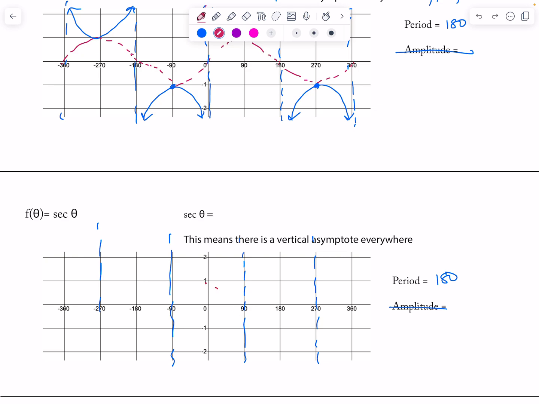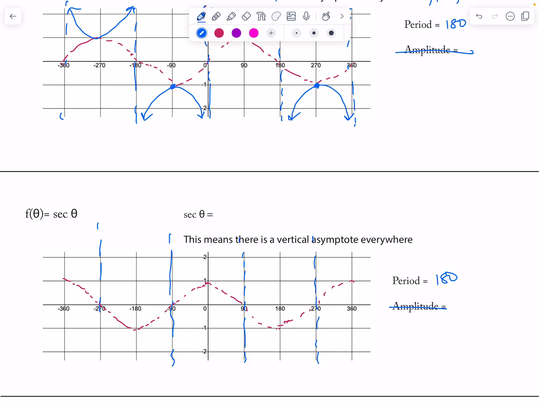Oops, I cannot do this right now. Okay. I'm not making it fat enough. Okay, there we go.